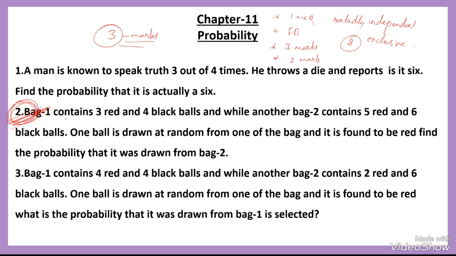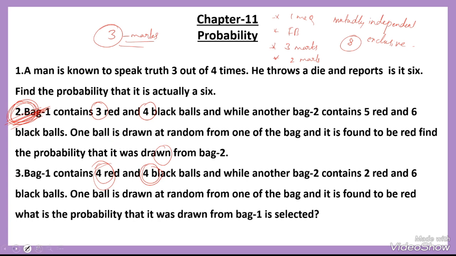Then the numbers change here. The second and third questions are the same, but the numbers are different. In the second question, there are 3 red and 4 blacks. Here in the third question, same question, but 4 red, 4 black. The numbers change, but the remaining question will be the same.